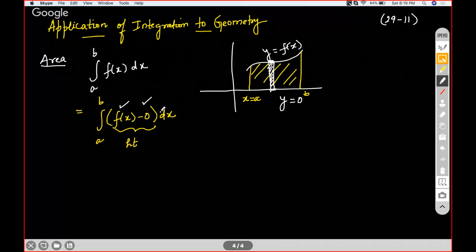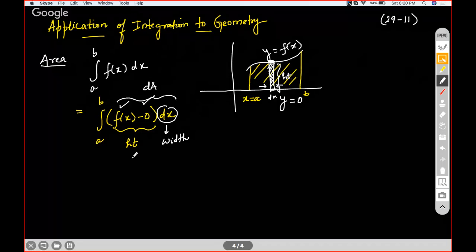So this difference signifies the height. dx is basically your width of the strip. That is what this signifies. Hence this gives you the differential area of the strip, which we normally write as dA. And when you integrate it from a to b, you end up finding this area value.